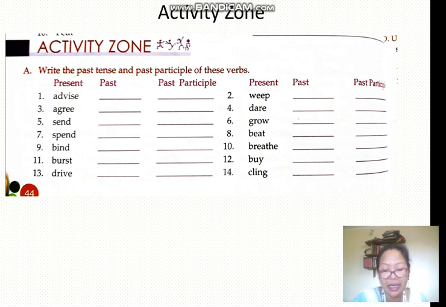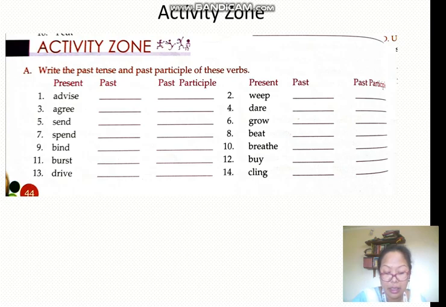Agree, agreed, agreed. Then send, sent, sent. Spend, spent, spent.